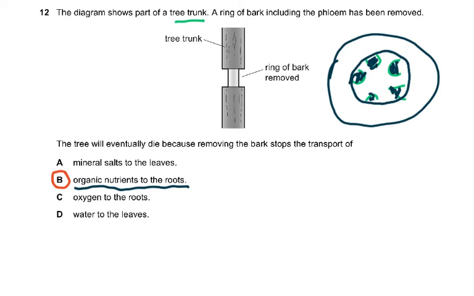Water to the leaves will not be disturbed because the xylem is intact, but the phloem carries sucrose and amino acids. So mainly the organic nutrients to the roots will not be passed on, because the outer area contains the phloem, and the phloem contains sucrose and amino acids, and they will not be able to reach the roots.